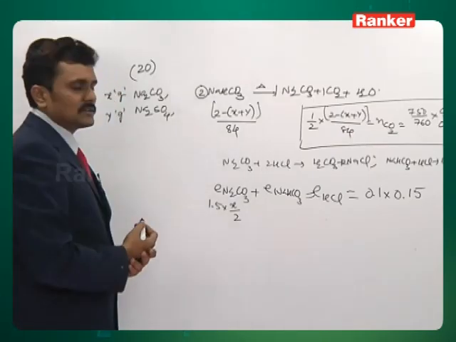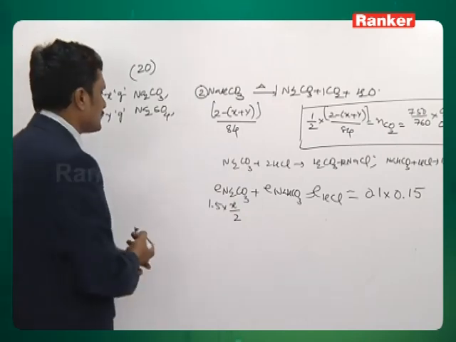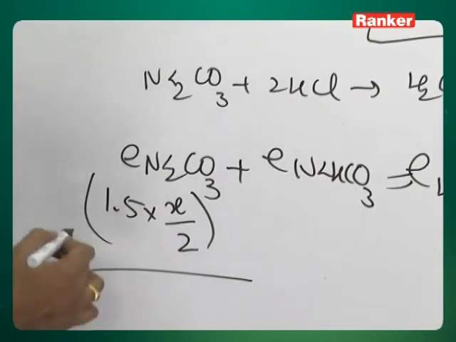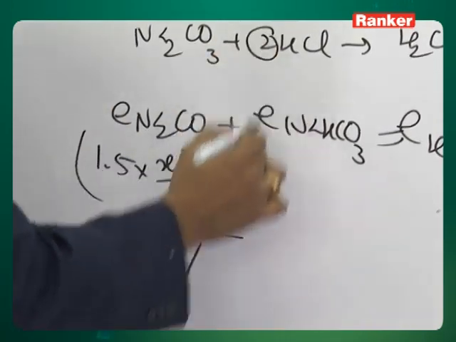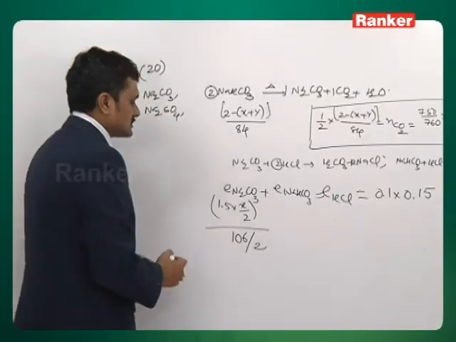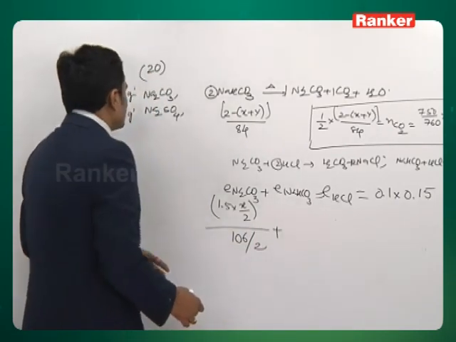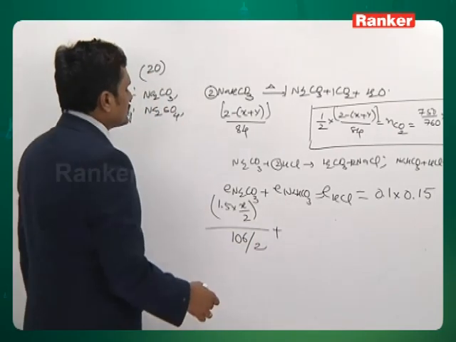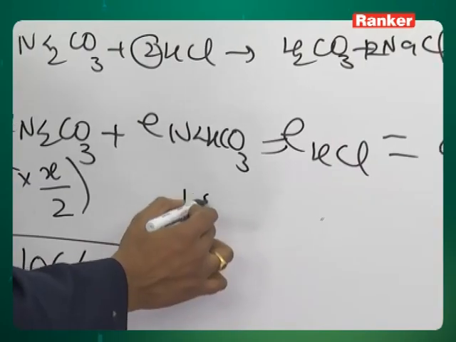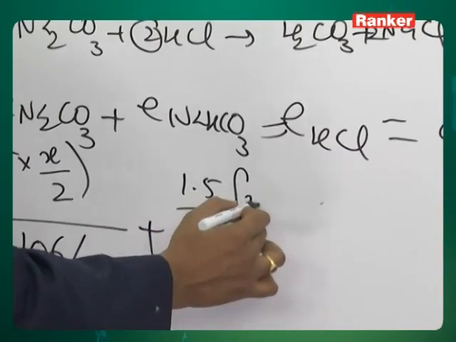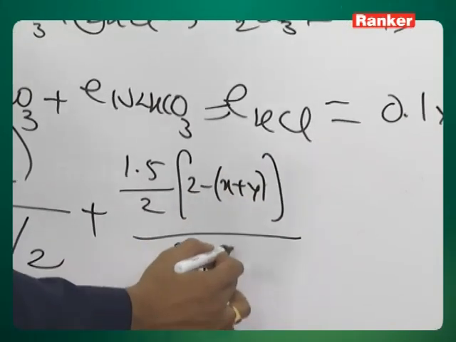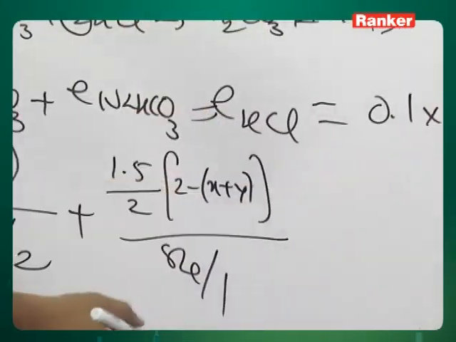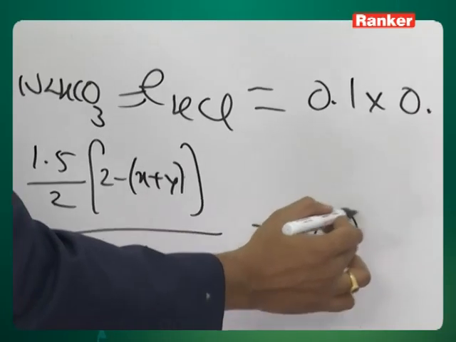This is the weight of Na2CO3 present in 1.5 grams, divided by the equivalent weight of Na2CO3, that is molecular weight divided by n factor, which is 2 because complete neutralization is taking place, plus the weight of sodium bicarbonate. You can see here that it is 1.5 by 2 times of 2 minus x plus y, divided by 84 by 1 because it takes only one HCl, is equal to 0.015.